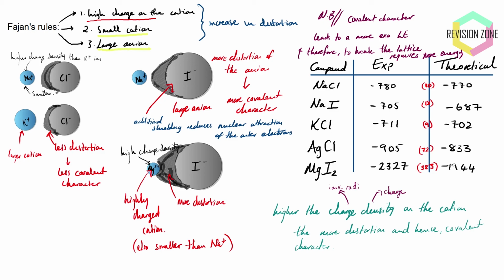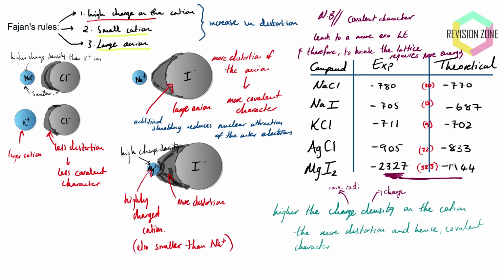So the more negative or more exothermic the lattice enthalpy, the stronger the lattice is, and any covalent character you have within an ionic bond actually leads to the enthalpy being more exothermic, which we can see. Let's just take this one again here. We can see it's more exothermic here, so the lattice structure is actually much stronger as a result of it.